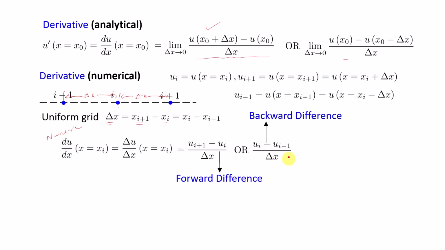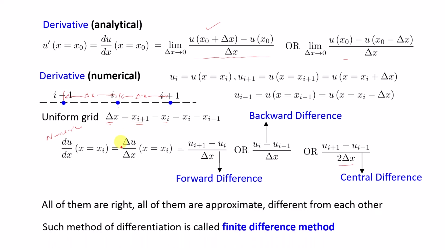Similarly, we can have backward difference, ui minus i minus 1, this side, and also we can have central difference, taking i plus 1 and i minus 1 divided by the difference between these two, that is twice delta x. So these three ways we can define the derivative, and we will confine our discussion to this for some time. All these definitions are actually right, and all of them are approximate.